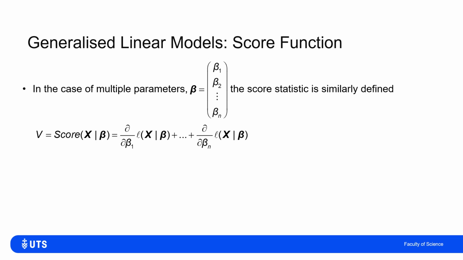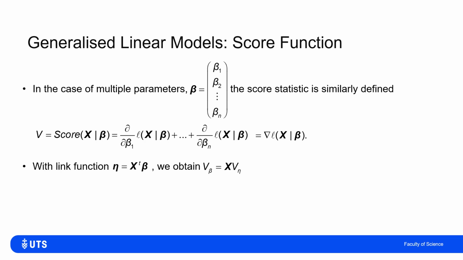So all I would do then is I'd define the score not just as the derivative with respect to the parameter, but the sum of the derivative with respect to each of the parameters. So d by d beta 1 of the log likelihood plus d by d beta 2 of the log likelihood, and so on. So if you're familiar with the Nabla notation, then you can also write it as that.